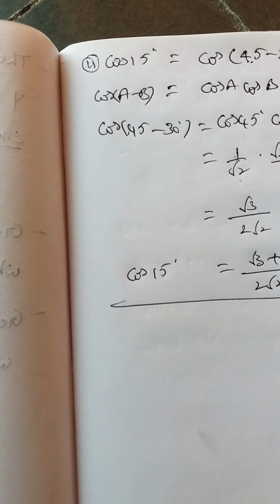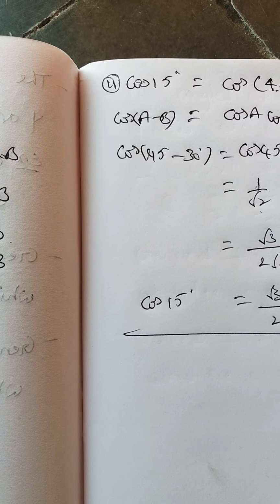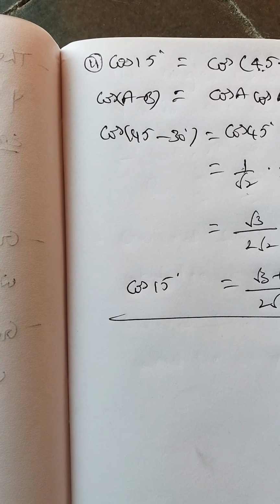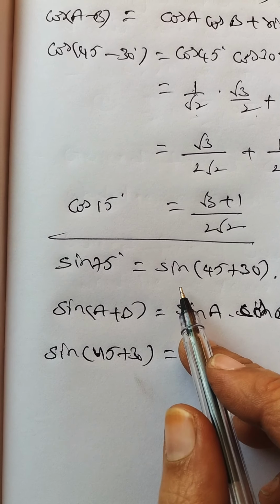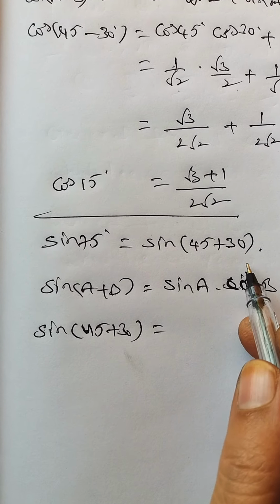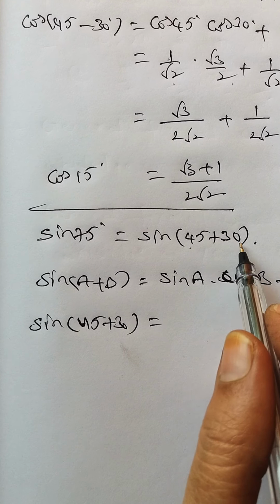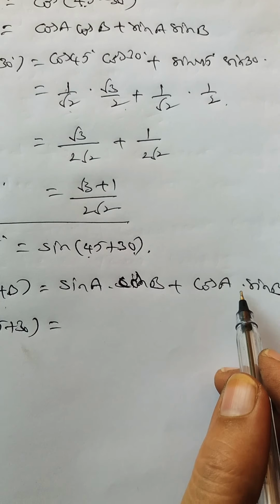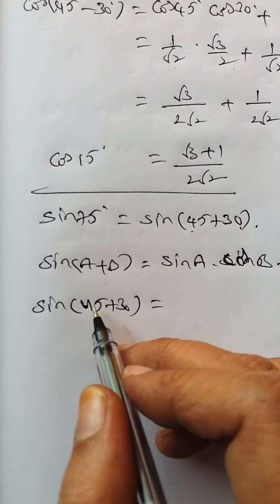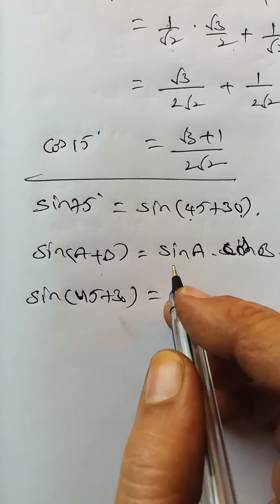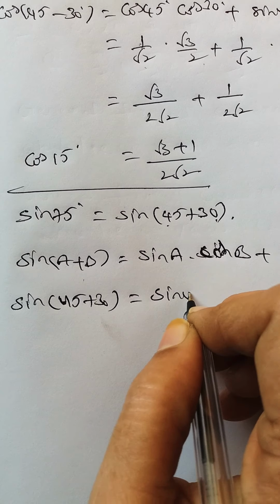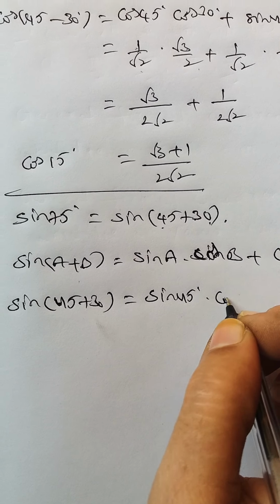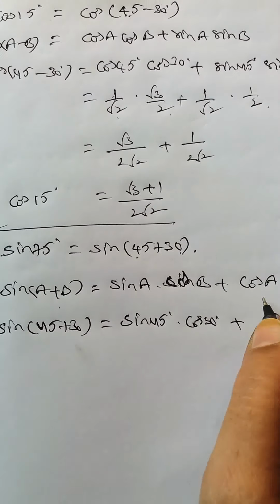Now similarly we can find cos 75 degrees and sin 75 degrees. Sin 75 degrees can be written as sin of 45 plus 30. So it is nothing but the sin of A plus B form. Sin of A plus B is equal to sin A cos B plus cos A sin B. In place of A there is 45, in place of B there is 30. Sin A means sin 45 degrees, cos B cos 30 degrees, plus cos A cos 45 degrees into sin B sin 30 degrees.